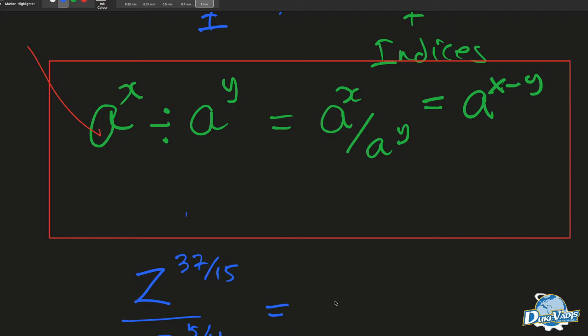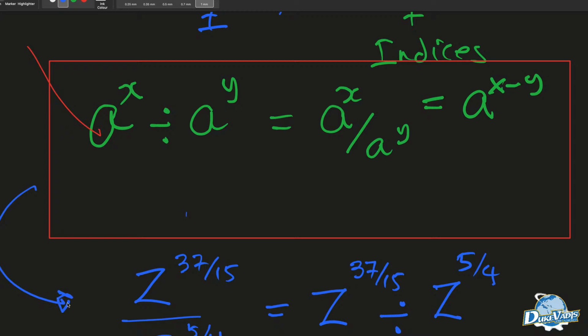which we can write as z raised to the power 37 over 15, dividing z raised to the power 5 over 4. Knowing this rule, as we apply it, we are going to subtract the exponents to be able to apply the principle of indices in this particular instance.